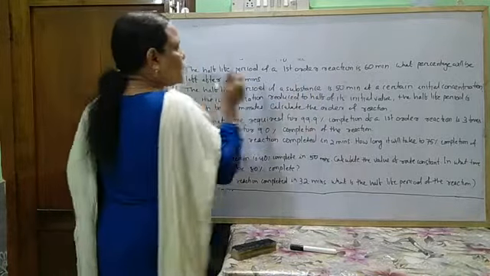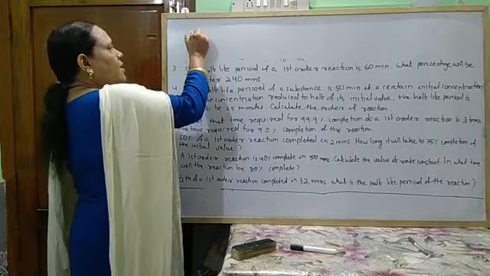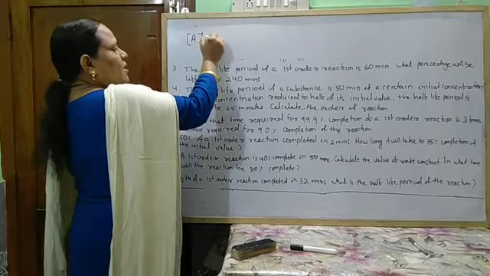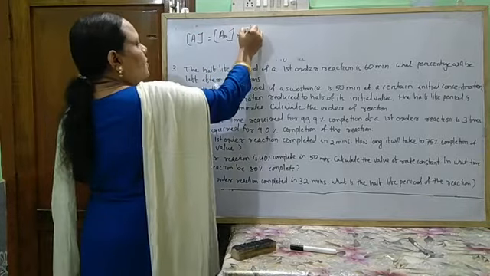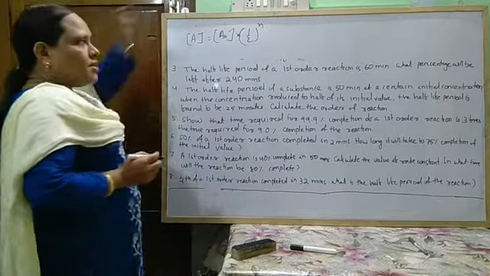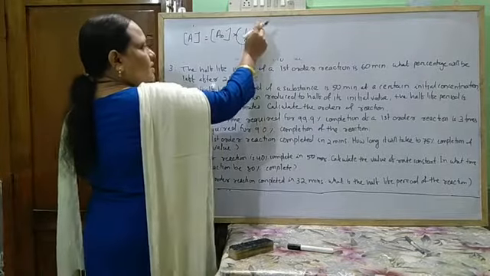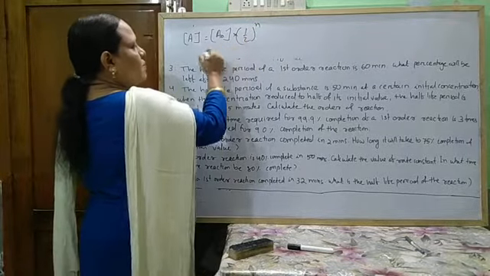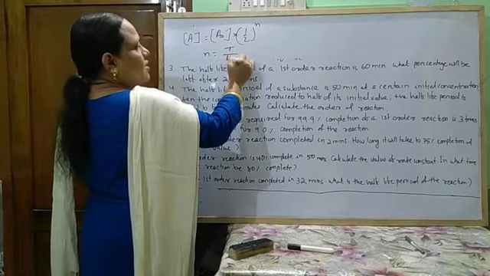If so, try to solve by the formula: the amount left A equals initial concentration A0 into half to the power n. Here n does not mean the order of reaction. This is a fraction, where n equals t by t half.